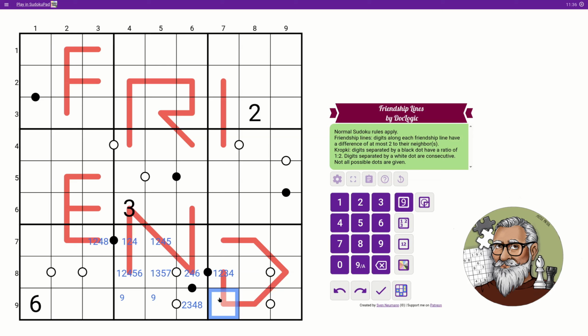But this is going to be all the way to 5. This is going to be 7 already. So this definitely could be 9. Okay, this is not the end. This is not the end.